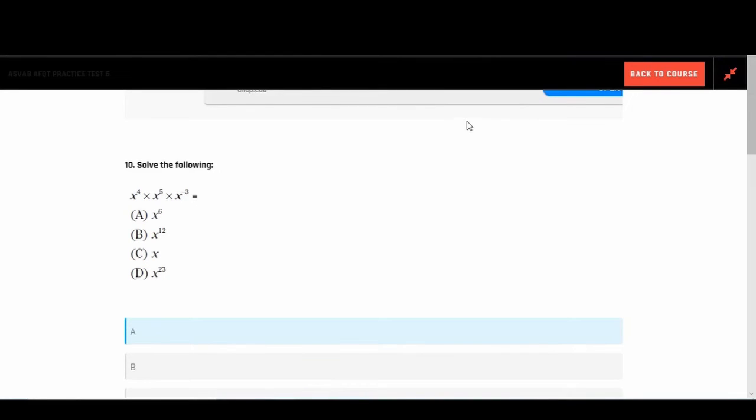All right, number 10 says x to the 4th times x to the 5th times x to the negative 3rd. In the formula sheet on my website, you'll see the very first section talks about exponents, and it tells you whenever you multiply exponents, let's call this M, N, O, that have the same base, you simply just add them.